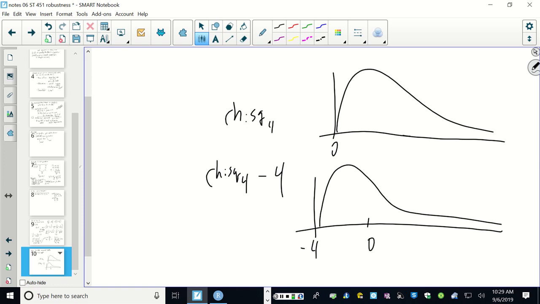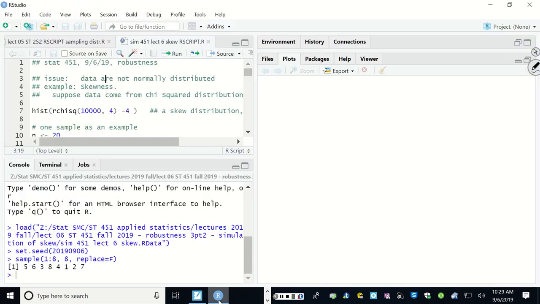So if we take a chi-square with 4 degrees of freedom, a random probability distribution with that shape, and subtract 4, it ends up with an average around 0. So in this case, the null hypothesis is that the average really is 0. It's just a little mechanism for simulating data that have a mean 0 and skewness.